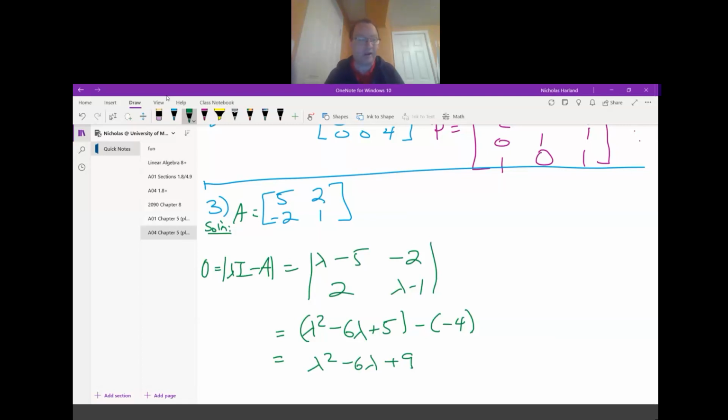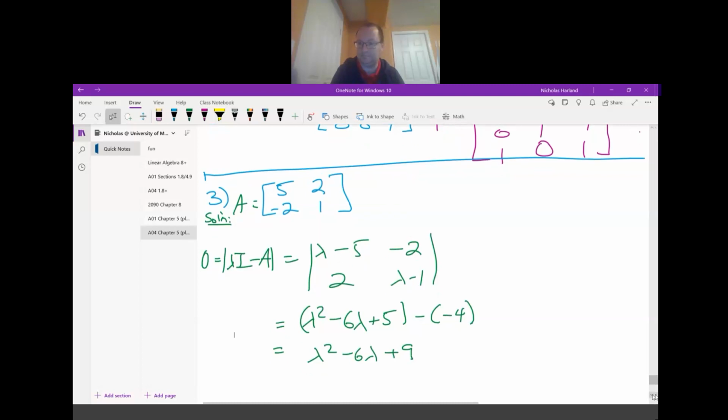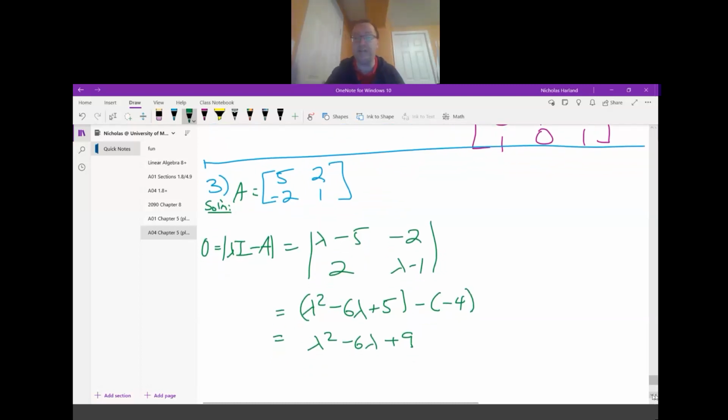All right, so what are our eigenvalues? Yeah, 3 twice is a weird but perfect way to say it. We factor this thing, it's lambda is equal to 3, and so we get lambda equals 3 with multiplicity 2.